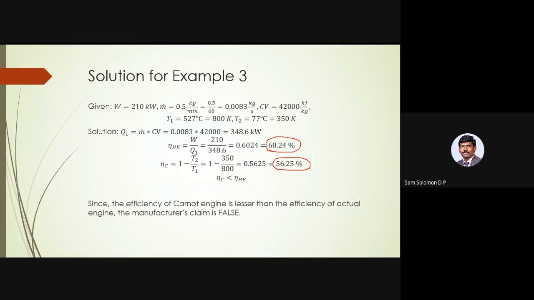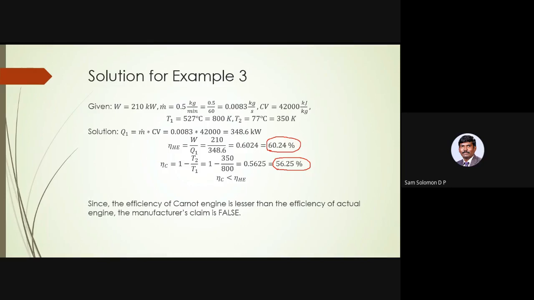So this fellow is claiming to have an engine performing better than the Carnot cycle, which is not at all possible, because the Carnot cycle itself has reversible processes. None of the processes in nature is going to be reversible. When you have a reversible process, you are getting only 56.25, and when you have an irreversible process, you are getting 60.24, which is not at all feasible in nature.